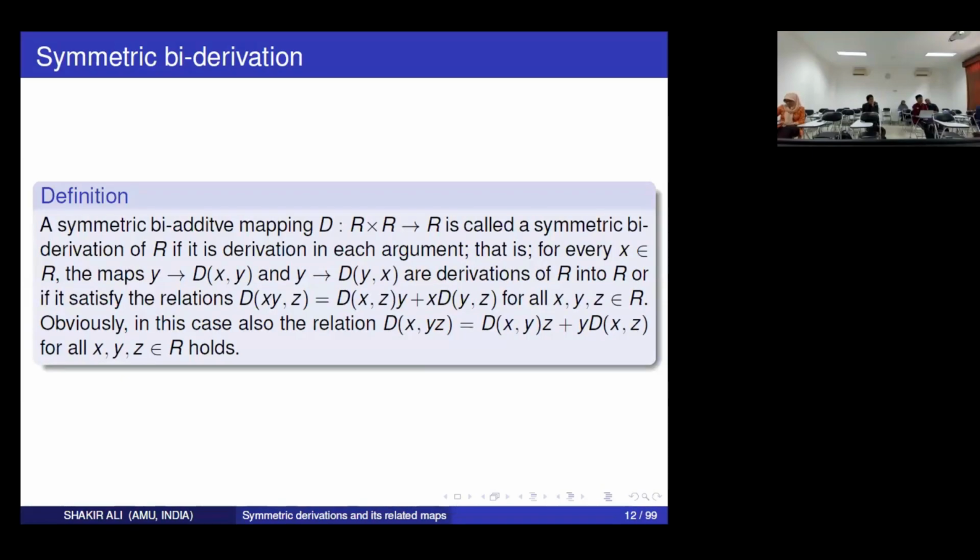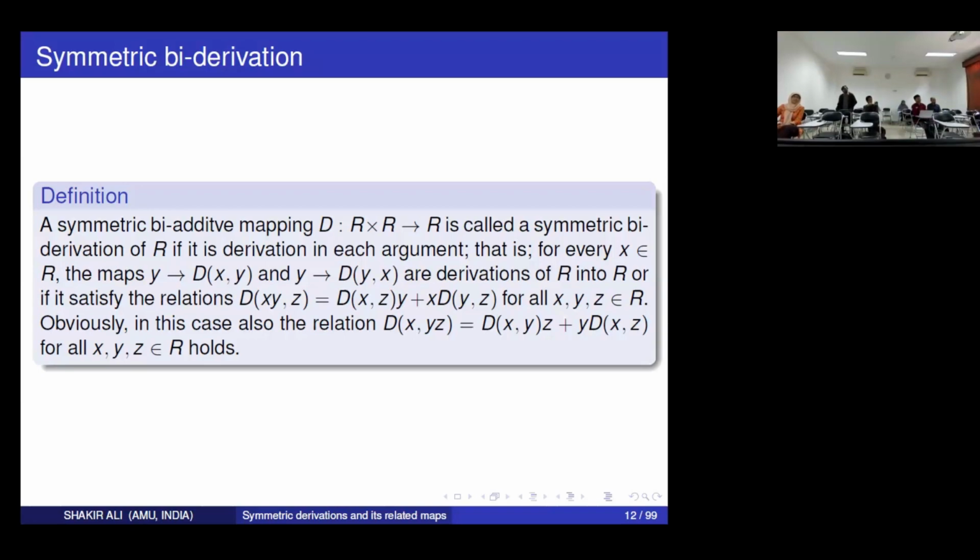So, symmetric biderivation we have already defined. The derivation D from R to R, where R is anything. Anything here means we are talking about rings and algebras. Keep that in your mind.